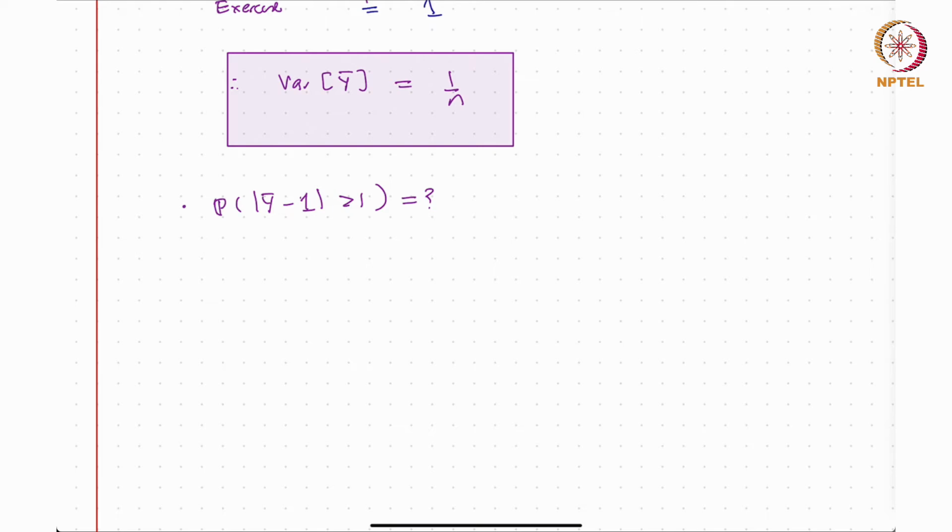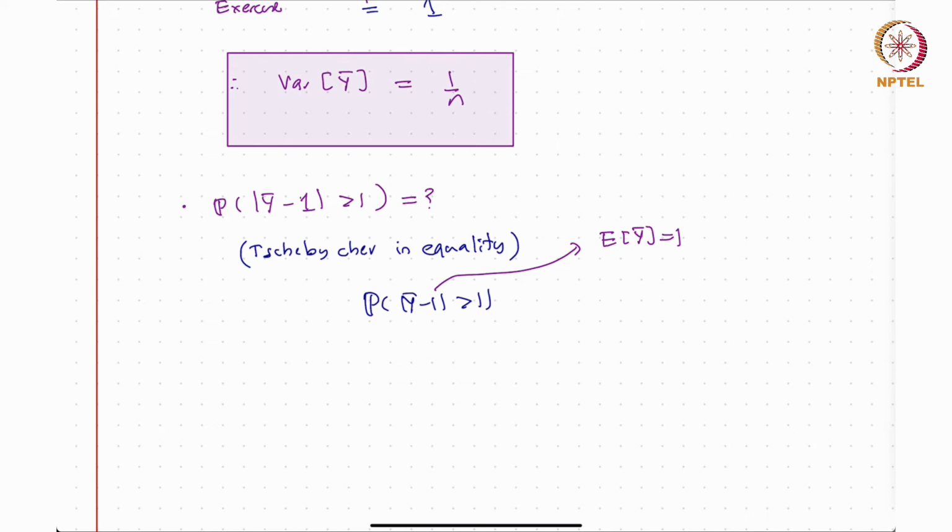If you do this calculation, you can use Chebyshev's inequality. You would do the probability that the absolute value of y bar minus 1 is bigger than 1, where 1 is the mean of y bar.